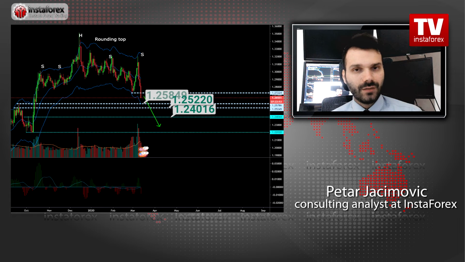Most recently, I found that on the daily time frame, we took the swing low, a very important swing low point on the British pound. And my expectation is that pound can trade still lower towards the levels at 1.2585, 1.2520, and even 1.2400. So the momentum is very strong to the downside, and I see no reversal pattern yet on this currency pair.